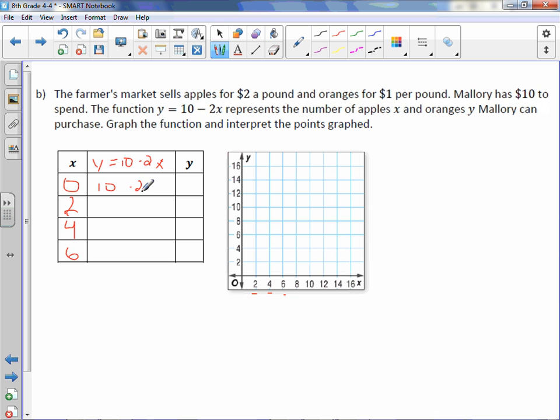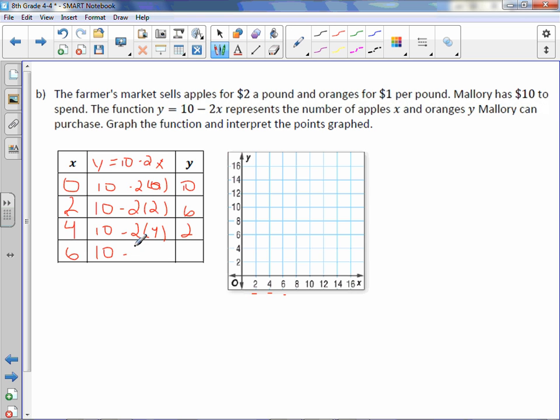10 minus 2 times 0 is 10. 10 minus 2 times 2 is 6. 10 minus 2 times 4 is 2.